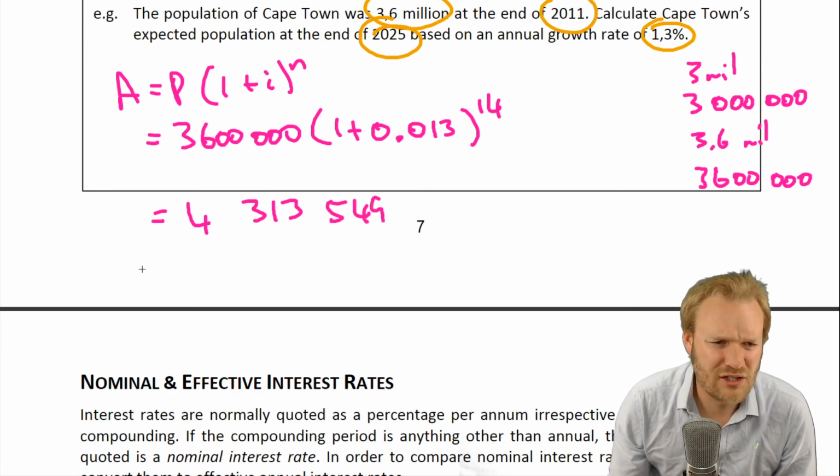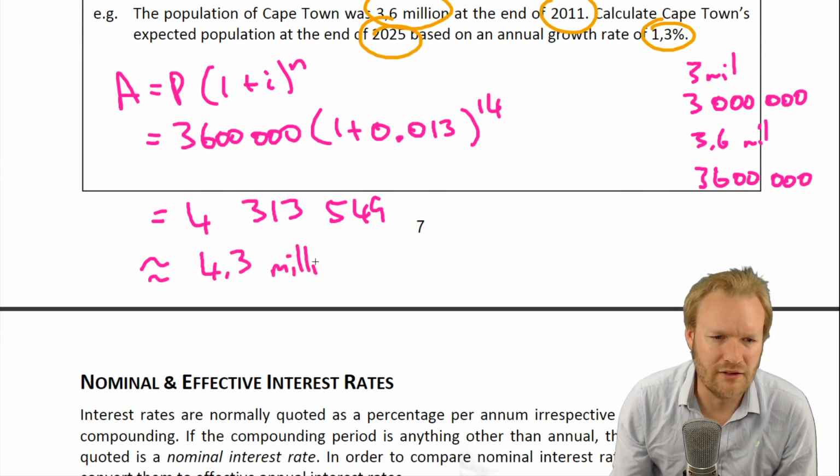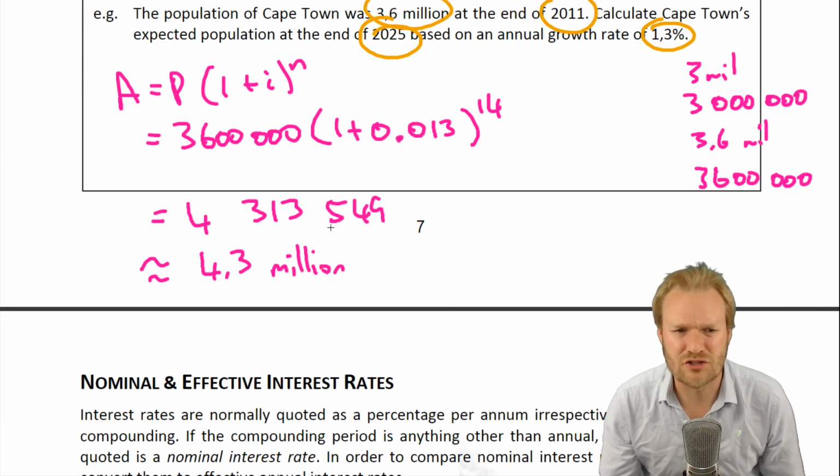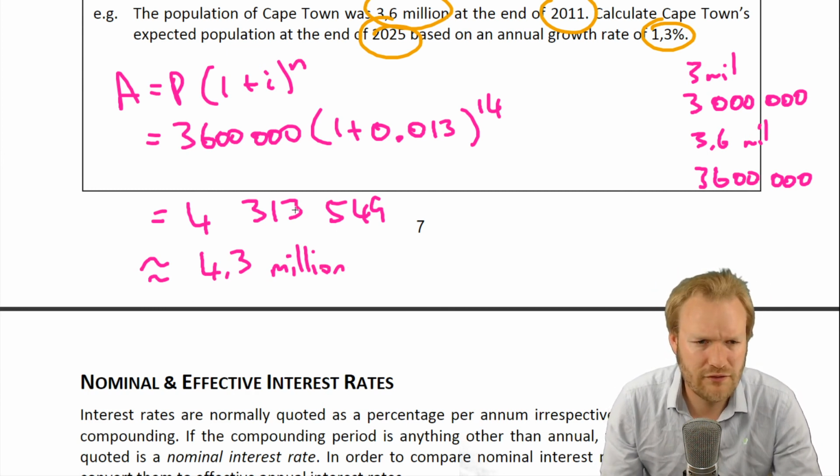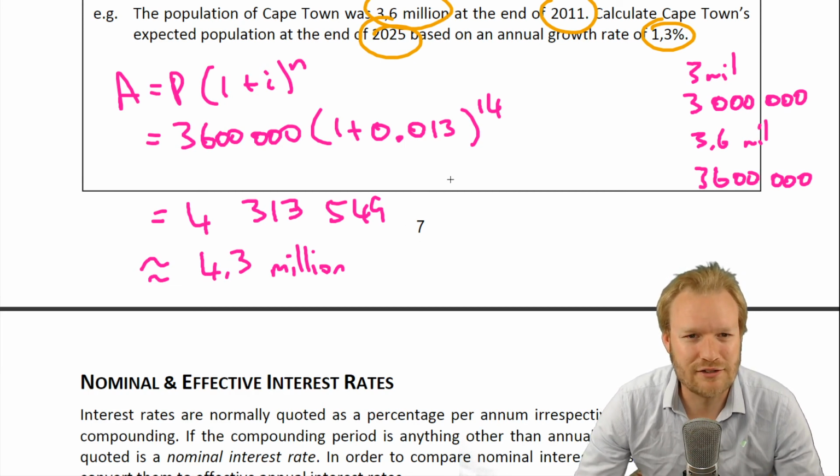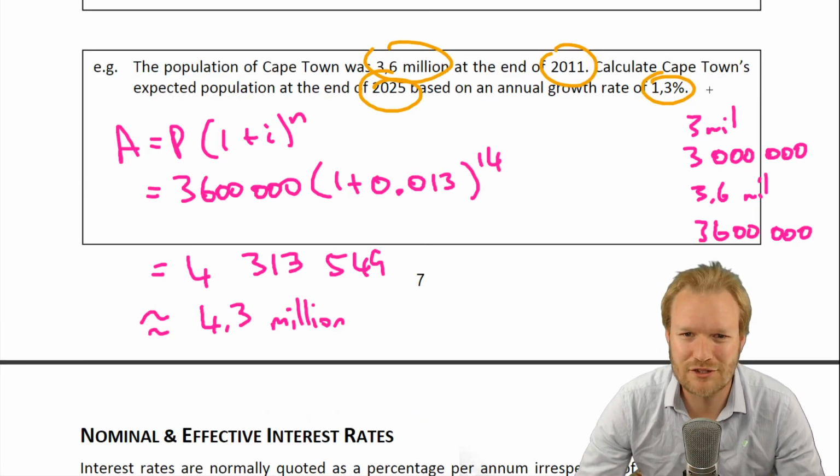So in other words, this is approximately equal to 4.3 million if we were to do it in those terms. 4.313. I don't feel like that figure's anywhere close to right for this annual growth rate, but who knows.